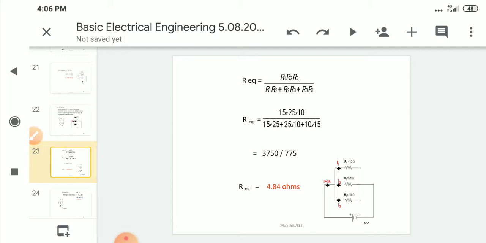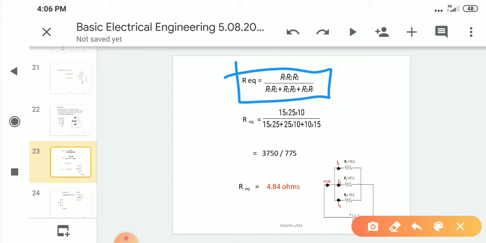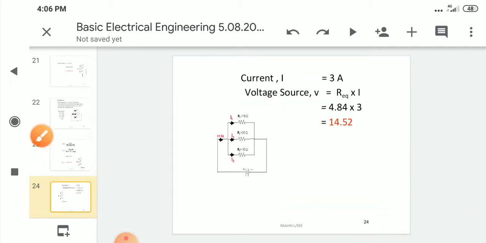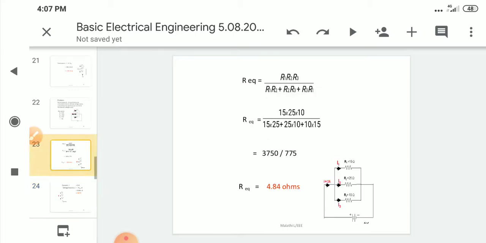This is the formula for equivalent resistance when the resistances are connected in parallel. By using this, we get the value. According to Ohm's law, I is equal to 3 amperes as given, and V is equal to R into I. Then this is the final answer for this question.